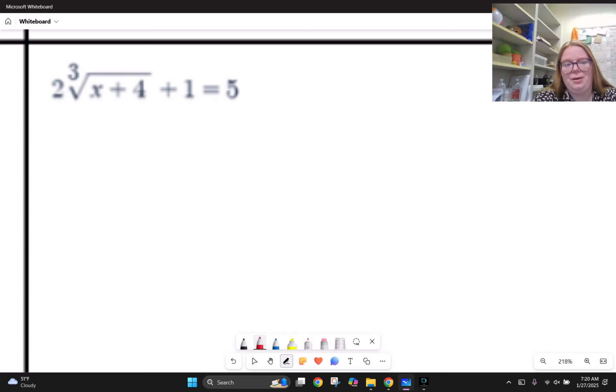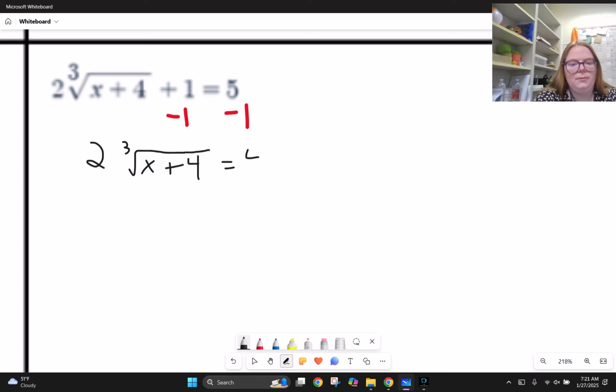The plus 1 is always going to be the first thing to go. We're going to subtract 1 from both sides. Bring everything else down. So 2 cube root, and don't forget that 3 with the cube root, otherwise it's not a cube root anymore. 2 cube root of x plus 4, and of course 5 minus 1 equals 4.